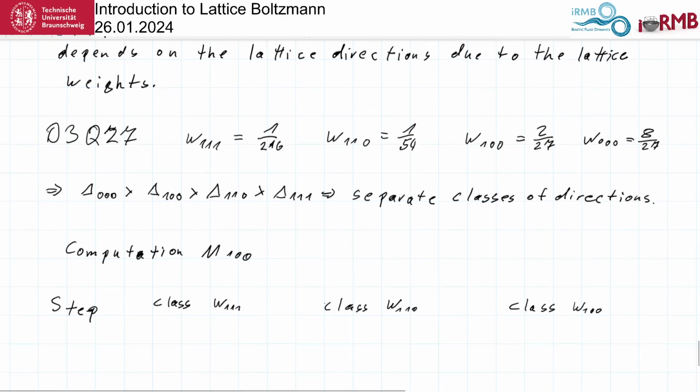So, and now we have the step. So the step is the summation 1. So the first summation that we do. And this would, for example, be here for the class that has the 8 guys in the diagonal, right?